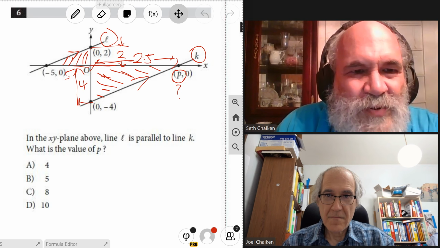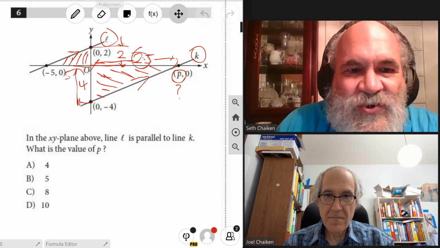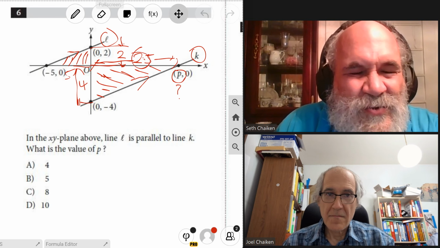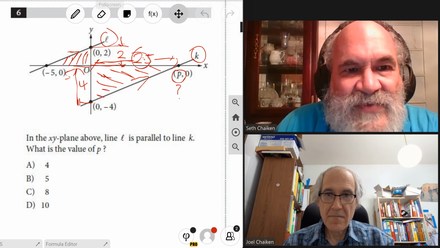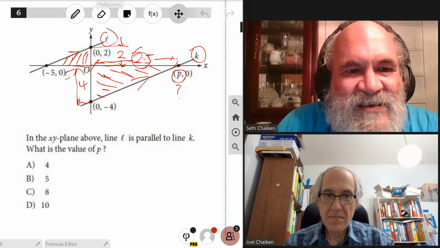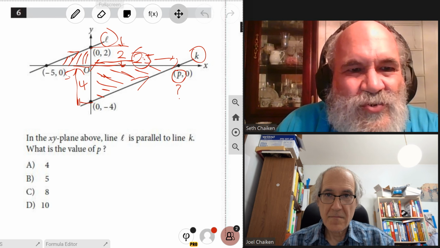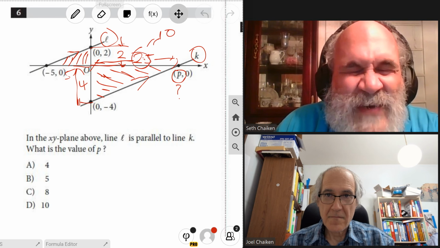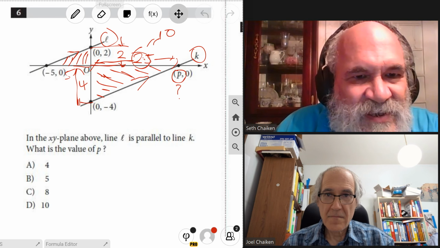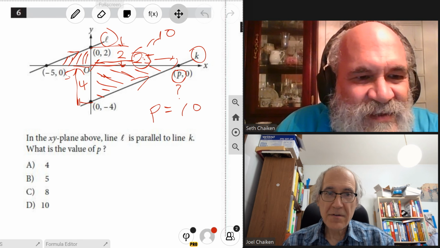The factor of proportionality is 2. This tells you the x-coordinate of the x-intercept. It is 2 times 5, which is 10. And therefore, P equals 10. Wow. And that's one of the answers.